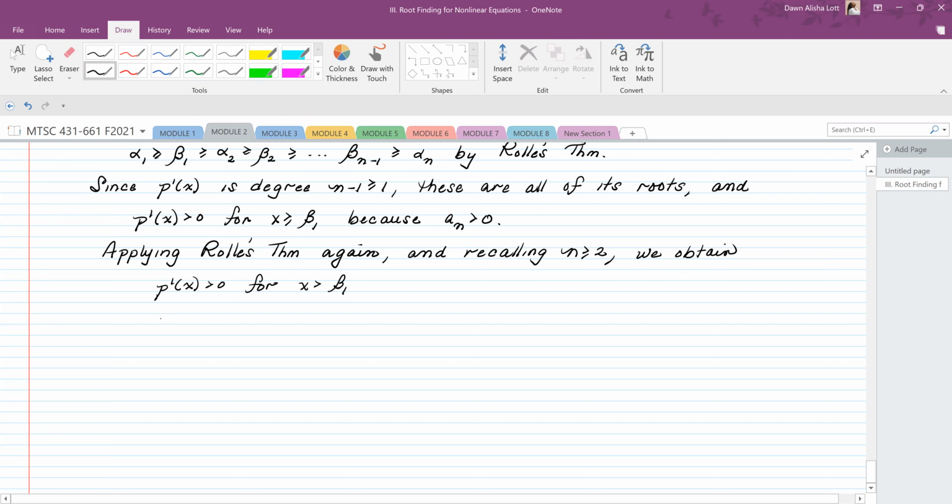And then P double prime of x is greater than or equal to 0 for x bigger than or equal to beta 1. So thus, I'm going to call this star.